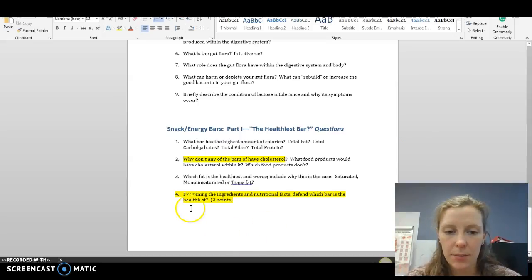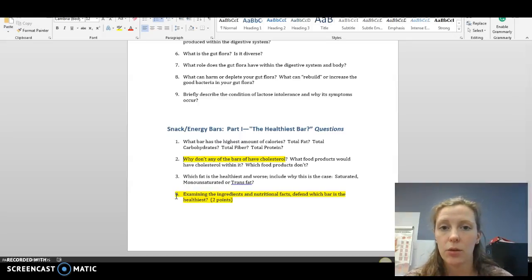And then lastly, number 4 I wanted to point out because there is no correct answer here. Once you look at the ingredients and you look at the nutritional facts, you can determine what you think is the healthiest. There's not necessarily a right or wrong, but as long as you're defending your opinion and you say, this is why I think this is the most healthy, then you're good to go. Just make sure you defend it and you explain why.